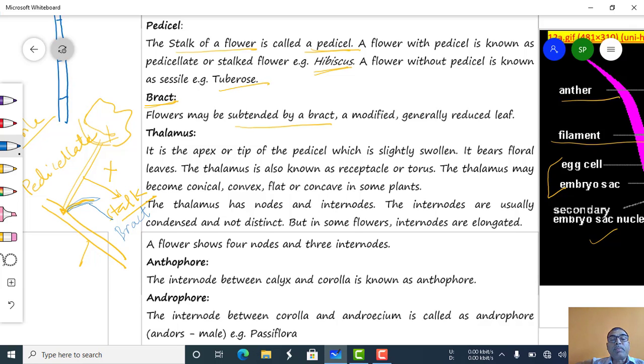So if such a bract is present, then the flower is called a bracteate flower, and if such a bract is absent, then the flower is called an ebracteate flower.